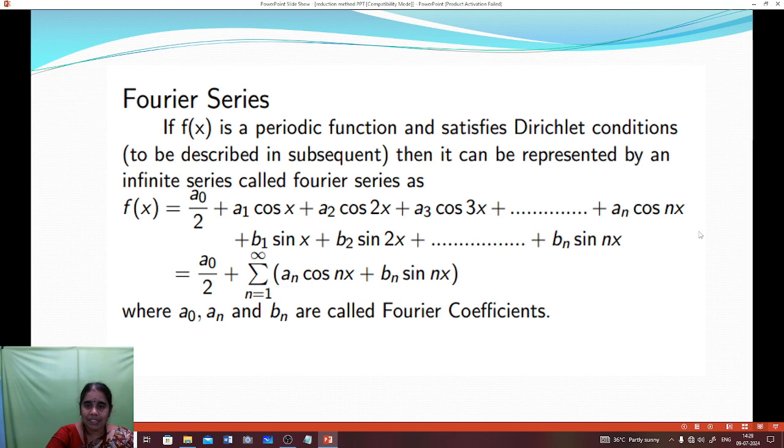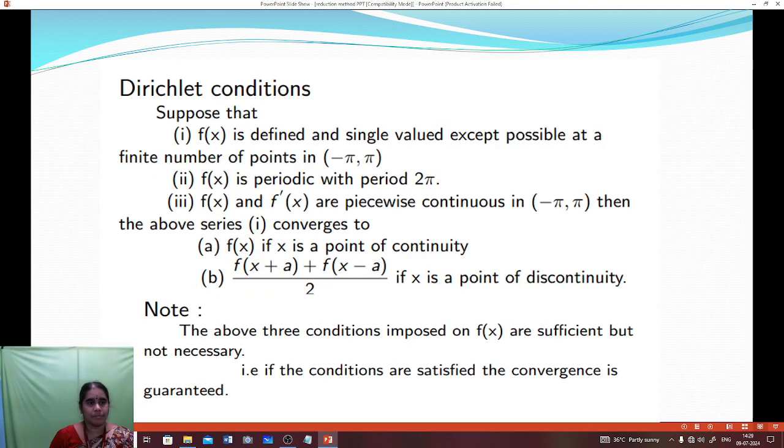On combining these summations of a's and b's, we can write f of x is equal to a0 by 2 plus summation an cos nx plus summation bn sin nx, where a0, an, bn are the Fourier coefficients.